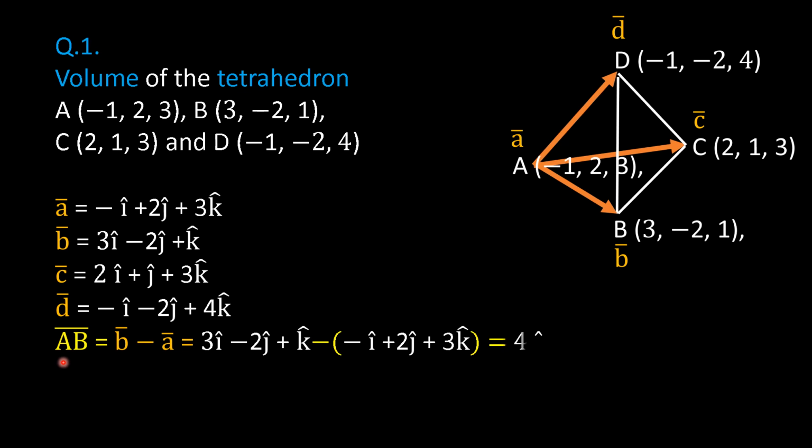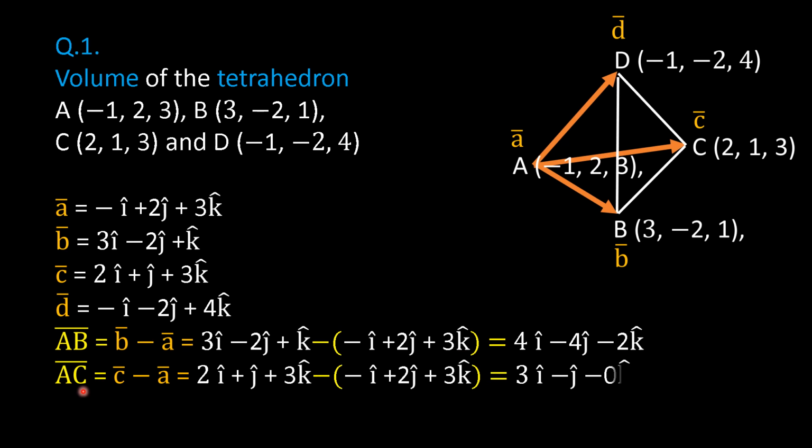Let us find AB bar, which will be B bar minus A bar. It will be 3 plus 1, that is 4i, minus 2 minus 2, that will be minus 4j, and 1 minus 3, that will be minus 2k.